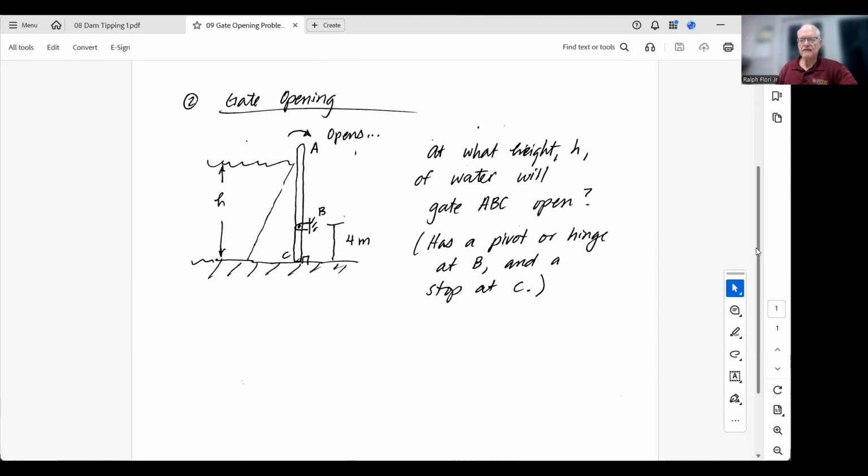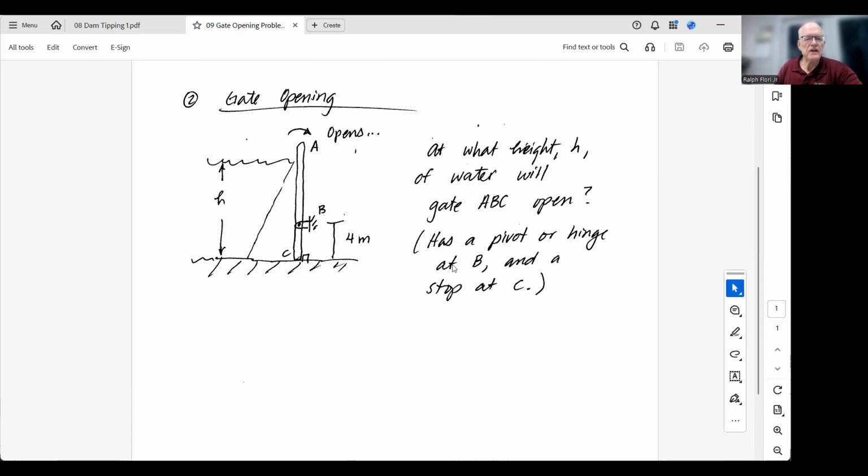Well, basically, it opens, so the FR is 1/3 of the way up. So the FR is 1/3 H. And so once FR reaches the pivot point at B, which is 4, then H is 12. And so once H reaches 12, the resultant force is exactly at B, so the gate is on the verge of tipping or the verge of opening.